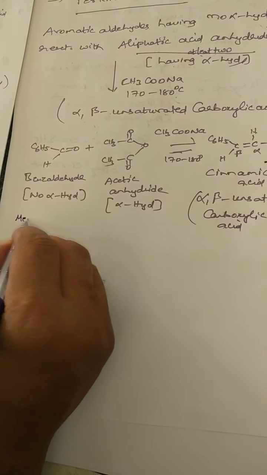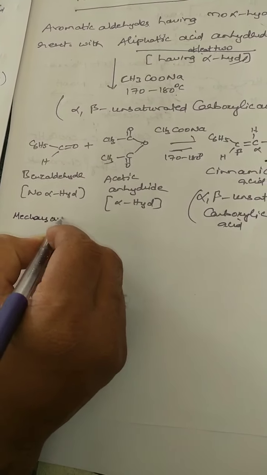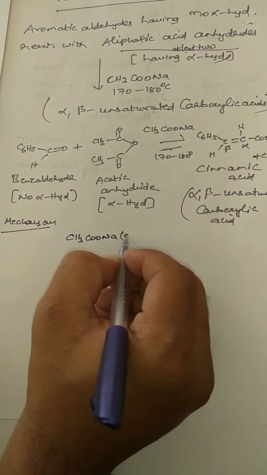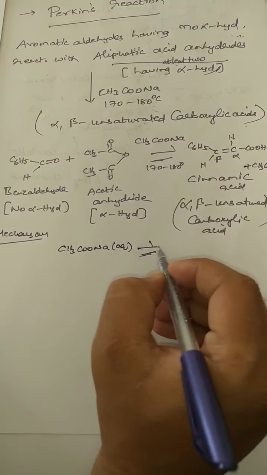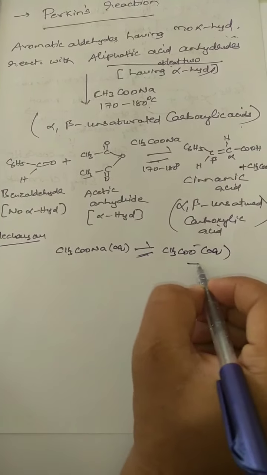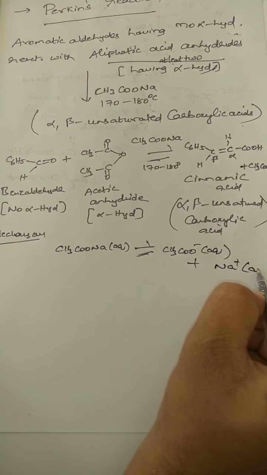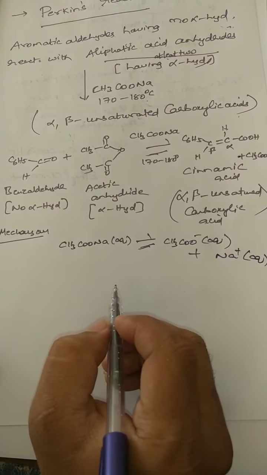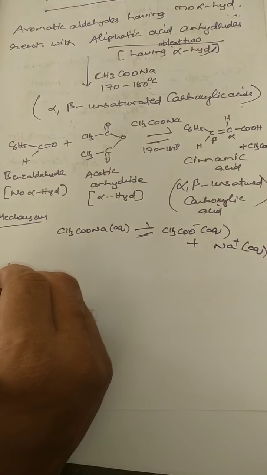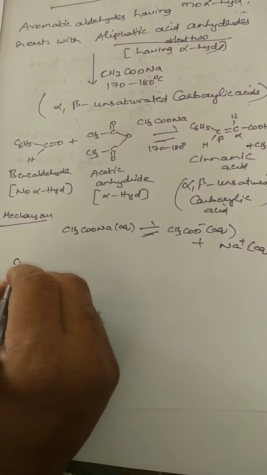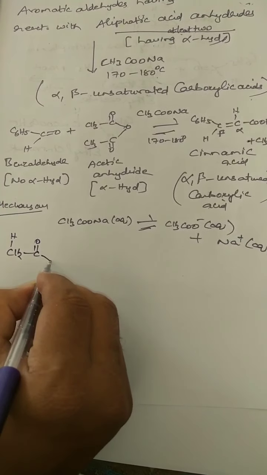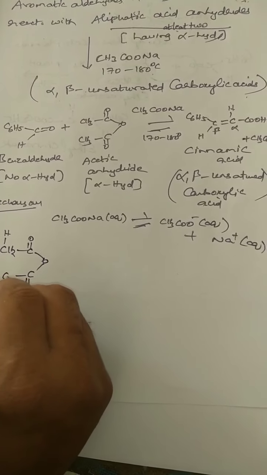So what is the mechanism involved here? First, in aqueous medium, the sodium salt of acetic acid, sodium acetate, splits into CH3COO minus and Na plus. This is the acetate ion. Now you take acetic anhydride.